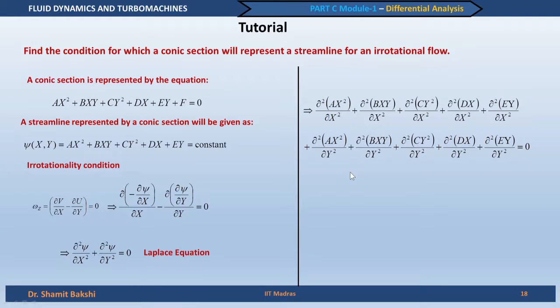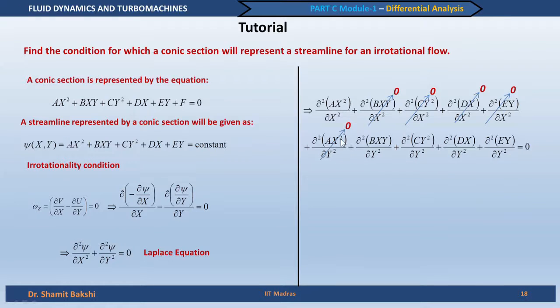Once we do this, see this one, bxy, you take a double derivative with respect to x, the first time it will be by and the second time it will be 0, it will disappear. Same here, because this is just a function of y. Same for this, because this is just x to the power 1, this will also disappear.